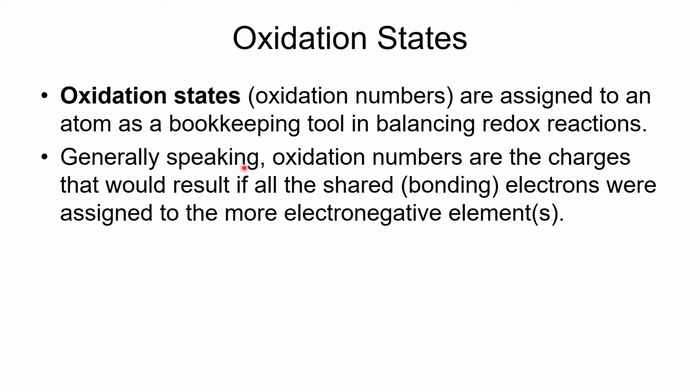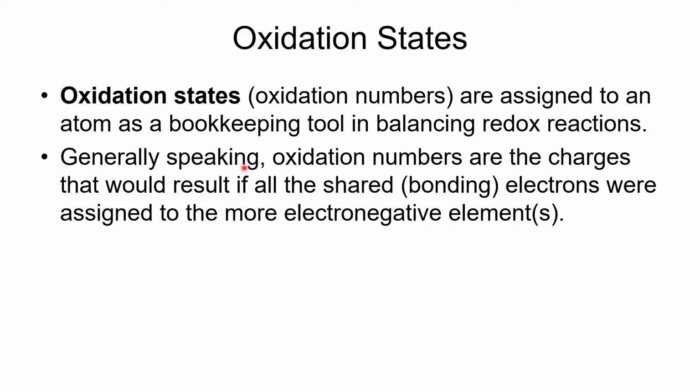However, in other compounds, it's a little less obvious. So we use the rules for oxidation states as a way of helping us to determine what has been oxidized and what has been reduced.